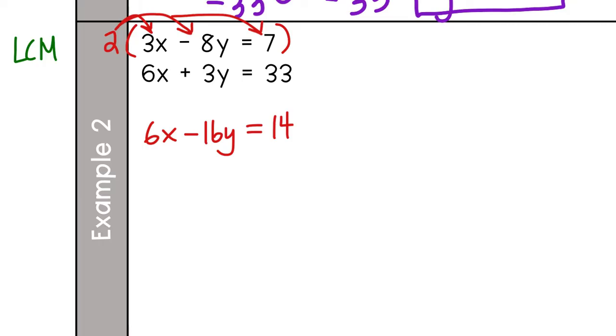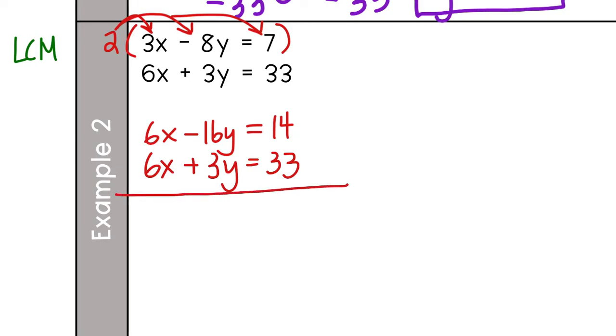Now on the second equation, I already have 6x. I don't want it to change because I want it to stay the same as the other one. So this one, I'm gonna rewrite it underneath. Okay, and same as before, I want to eliminate that x. So the way we're gonna do that is by subtracting the entire equation.